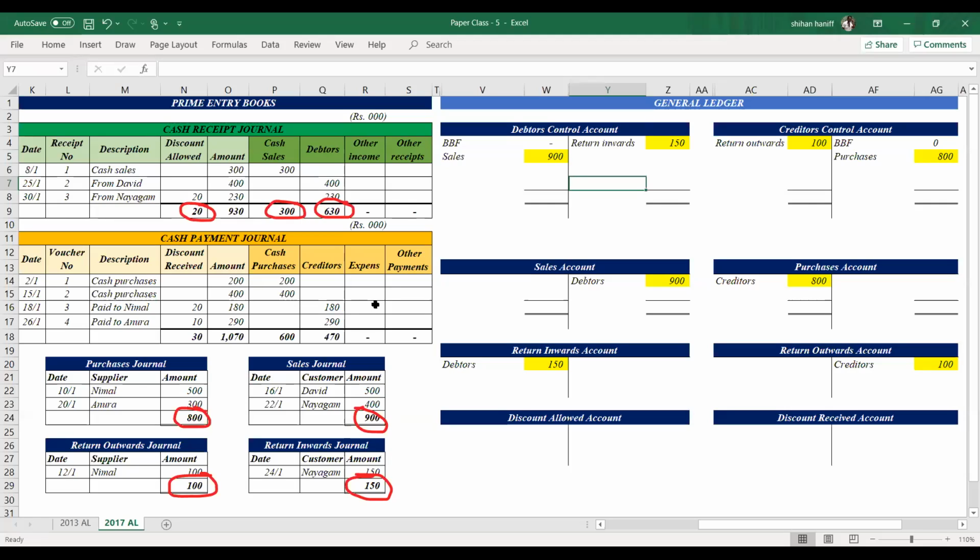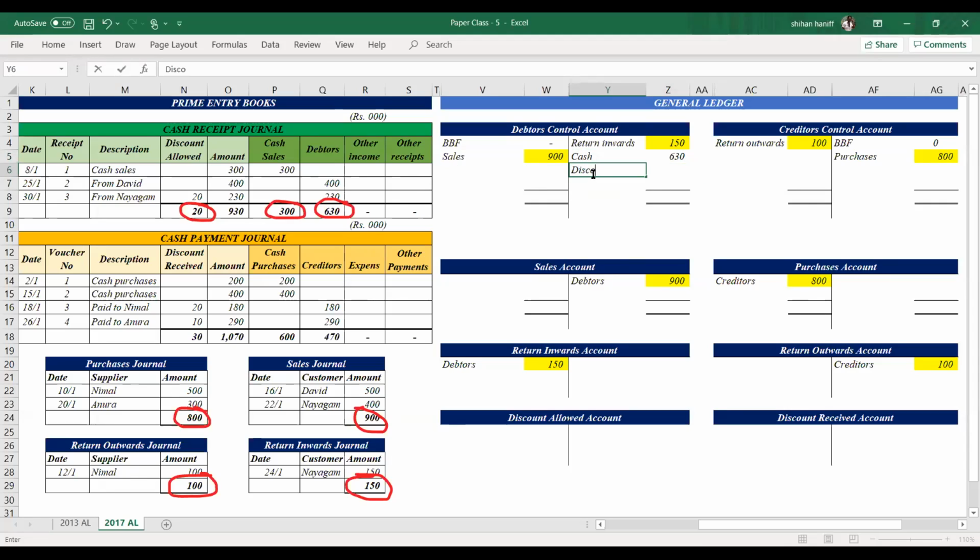Double entry for the cash received from debtors: cash account debit, debtors account credit 630. So one entry is in the cash receipt journal or cash account. The other entry is to the debtors control account.